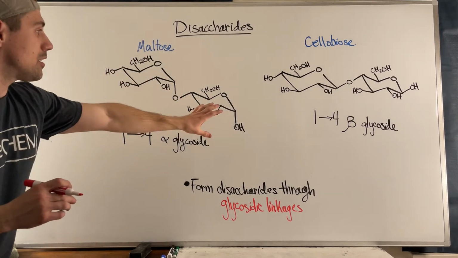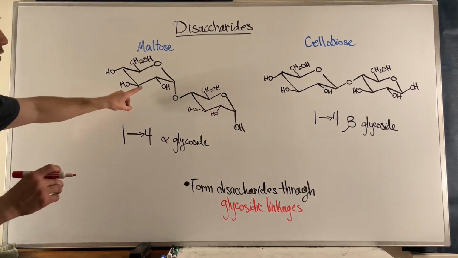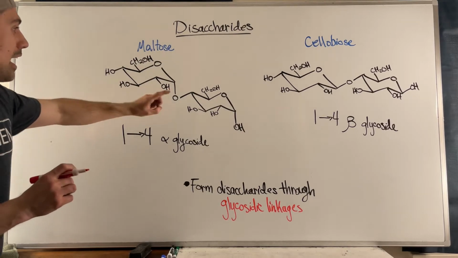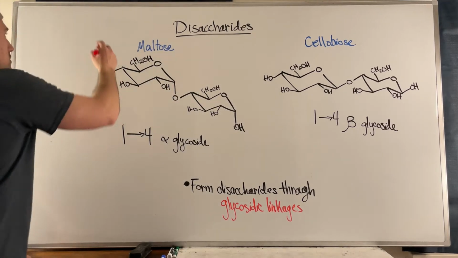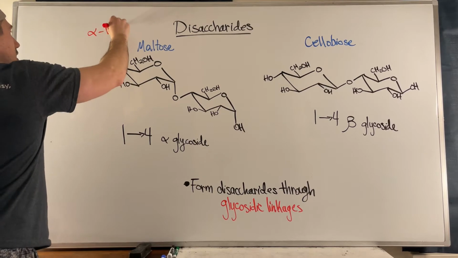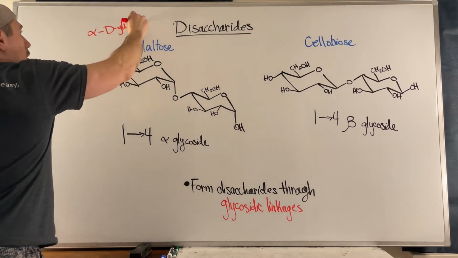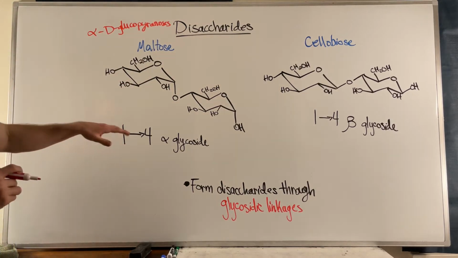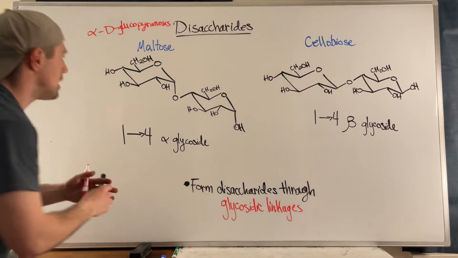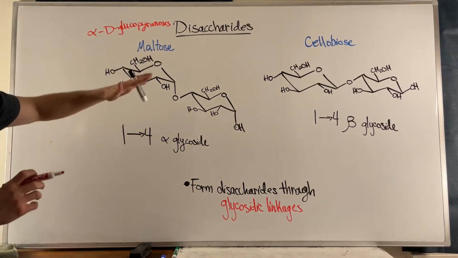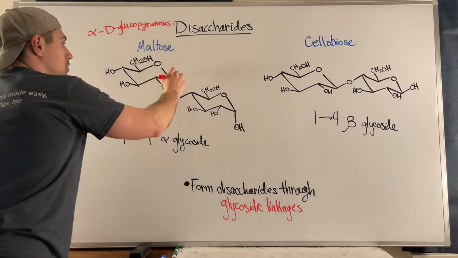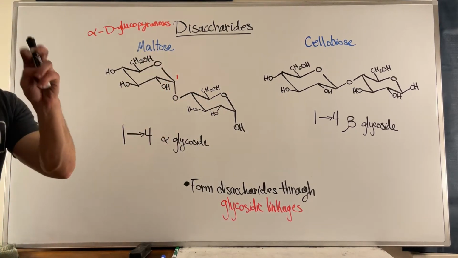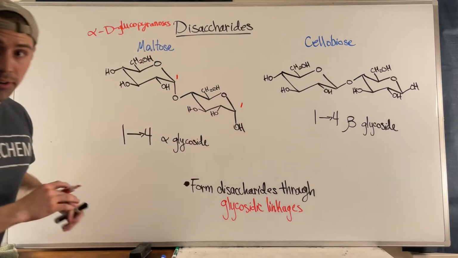So if you take a look right here, what you actually see is we do have D-glucose, and so this is 2 alpha D-glucopyranoses, right? So this is maltose specifically. So what you can see is that if you were to take the one end, the anomeric carbon, quote unquote, gets a position of 1.